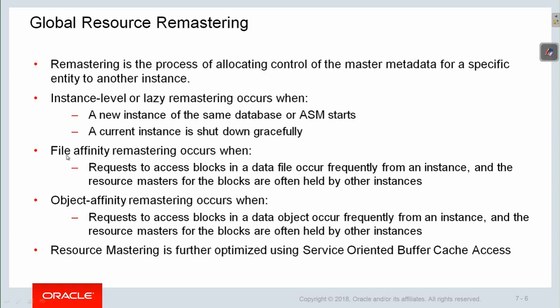We also have file-level affinity remastering, meaning that if one of the instances accesses the blocks of a data file more frequently, then the ownership of the entire blocks for that specific file will get changed. So at the file level, that is file affinity. But sometimes changing ownership of blocks in the entire data file may be too much.